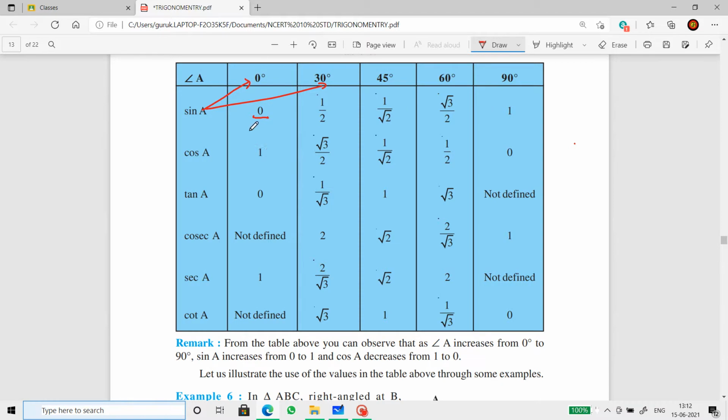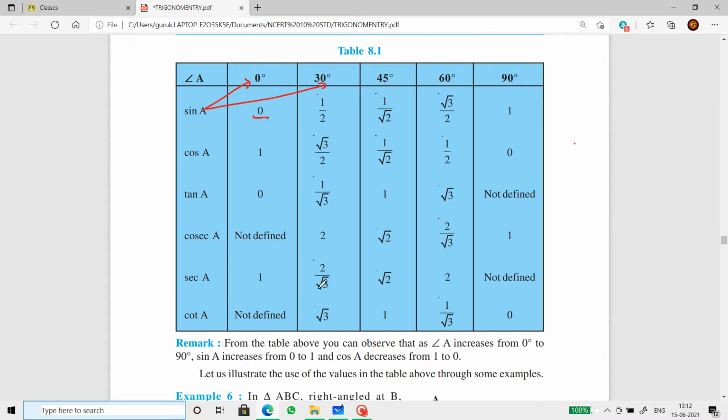Well, I will show you the proof of 30, 45 and 60 today. Now, it is a must for us to memorize the sine values. Using the sine values, we can regenerate the values for cos, tan, cosec, sec and cot. Very simple. But sine you need to memorize without any mistake.